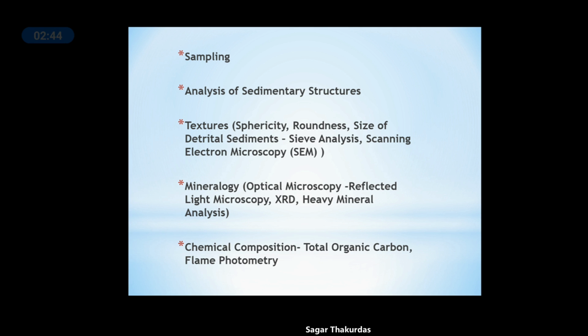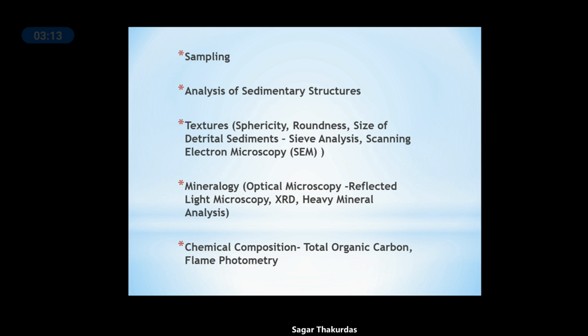In XRD analysis we prepare a powder of certain grain size by grinding the rock sample, and this powder is then kept inside the XRD machine, and X-rays are bombarded at these samples from various angles, and it gives you data in the form of the angle at which the X-rays are bombarded and the intensity of reflected light.